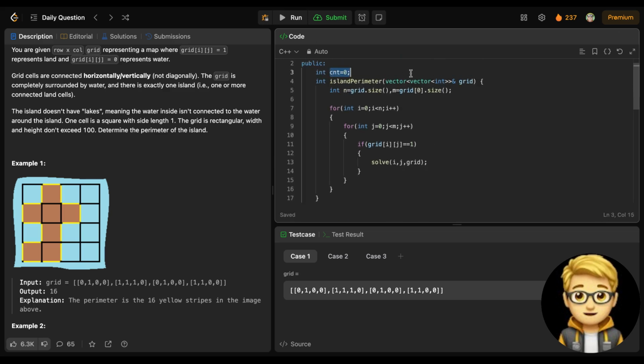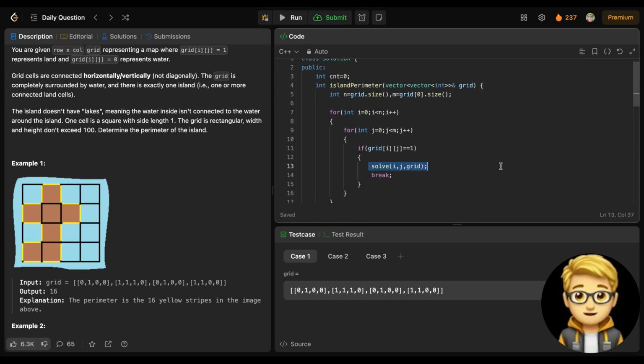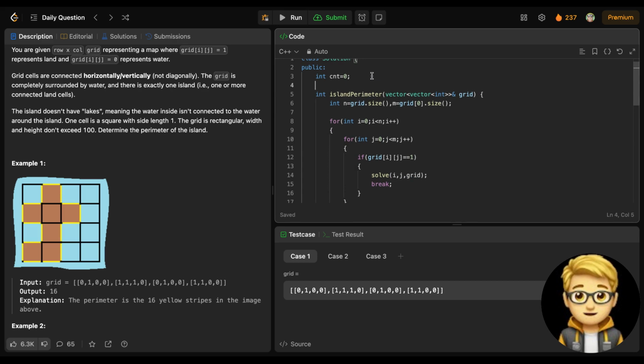For now, I suppose that I got the answer, so I will break, because I need only a starting point and there is only one island. So I will break and return my answer here. Now we will see this solve function. This is the main function here. For that, what will we do first?